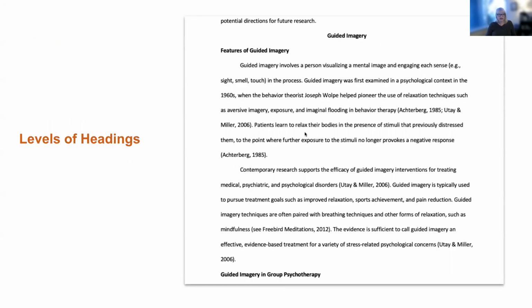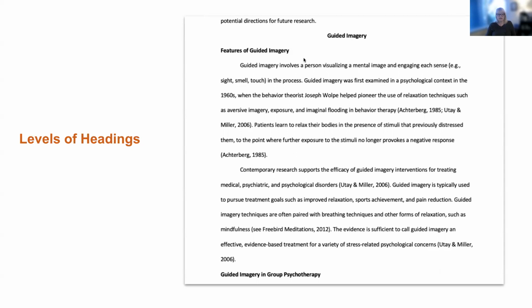Another feature of the text is regarding levels of headings. Using headings is actually quite helpful in your documents to designate sections or identify sections where the information is broken down in your work. And there are multiple levels of headings. In APA, there are 5, as a matter of fact.